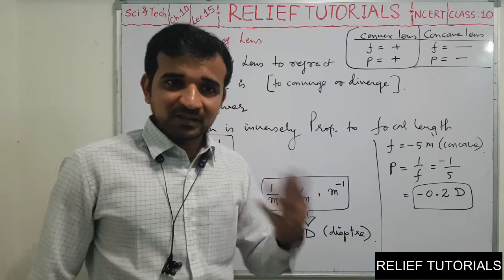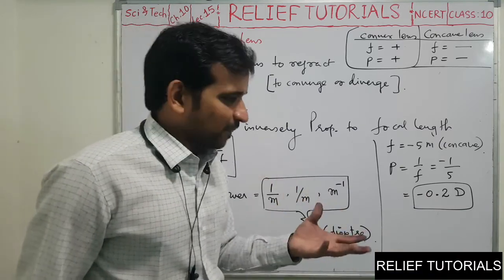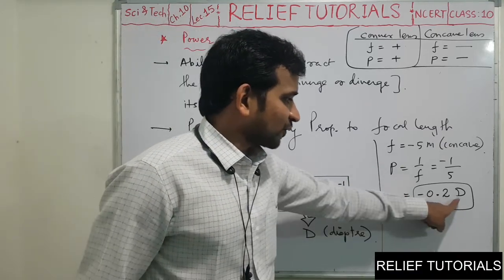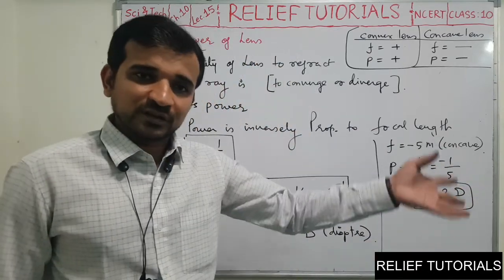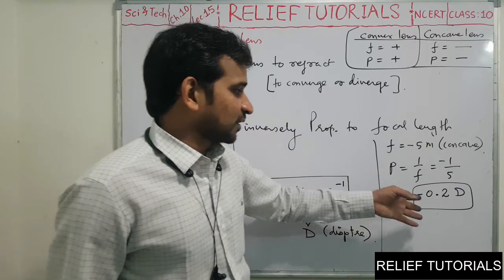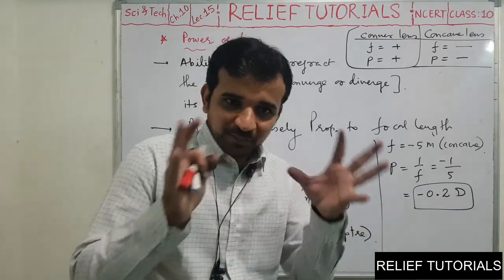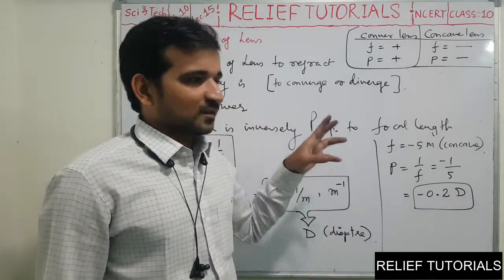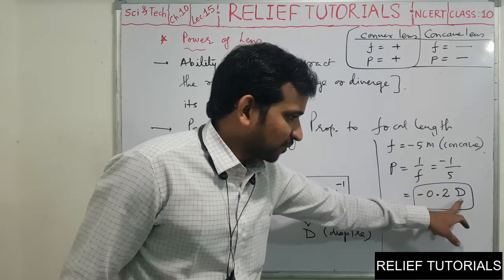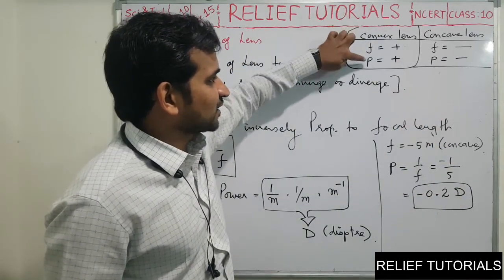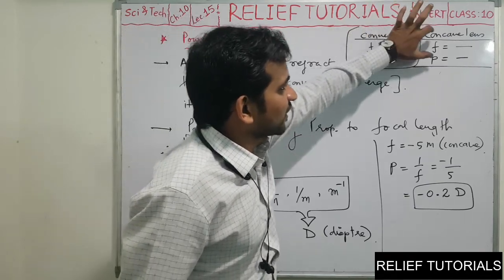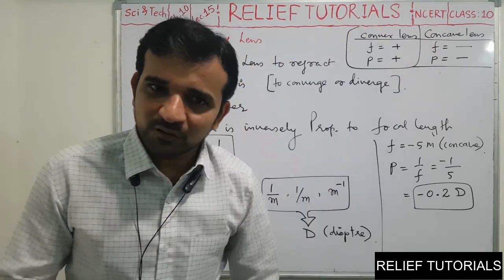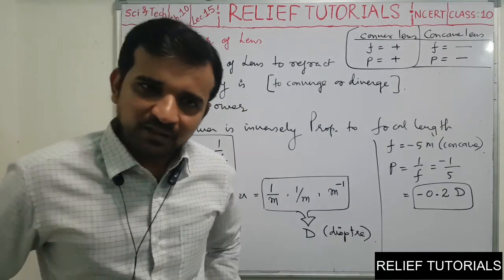Doctors always recommend the lens in terms of its power, and then the optician does the work and forms the specs. The convex lens always has positive power because its focal length is always positive, and the concave lens always has negative power because its focal length is always negative.